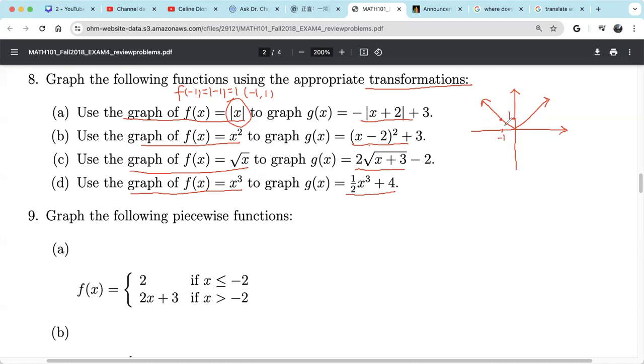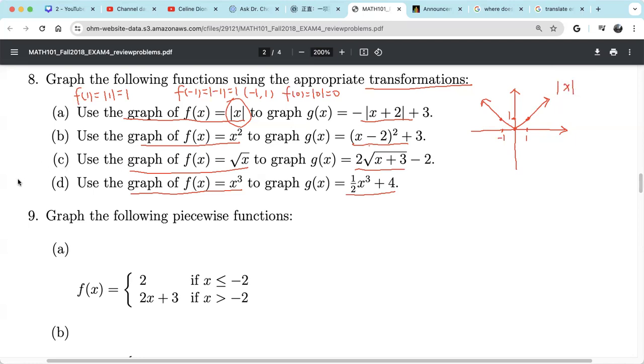Then we evaluate f of 0, absolute value of 0, still 0. So we get 0, 0, the origin. Then we evaluate f of 1. F of 1 is absolute value of 1, which is just 1. So we get a 1, comma 1 point. So we have these 3 points, so we can graph. This is absolute value of x graph.